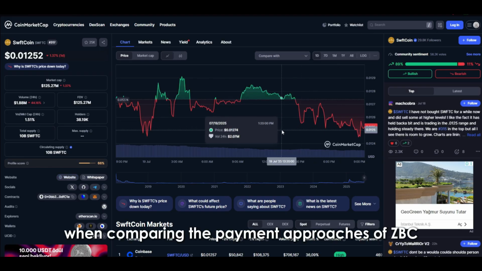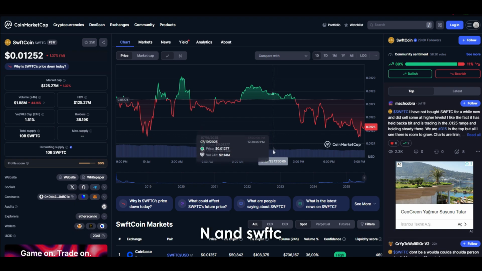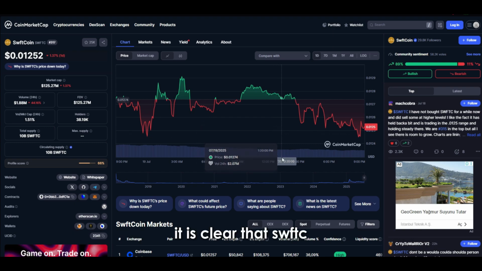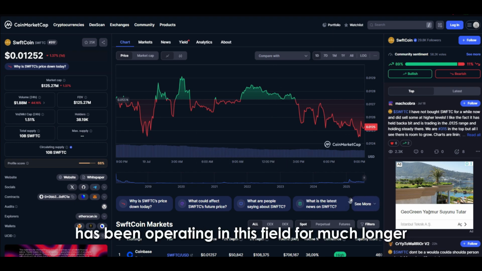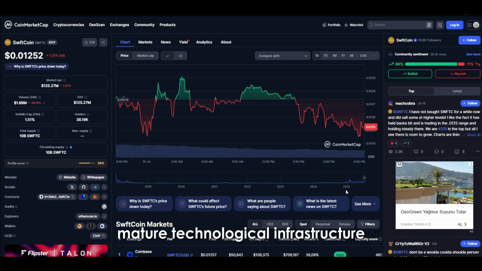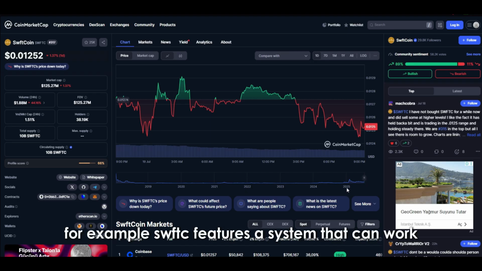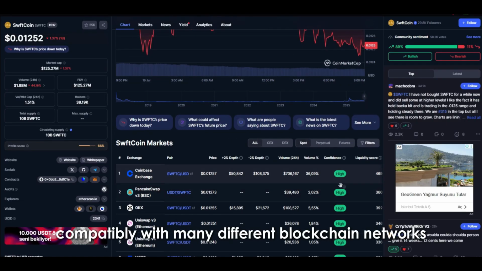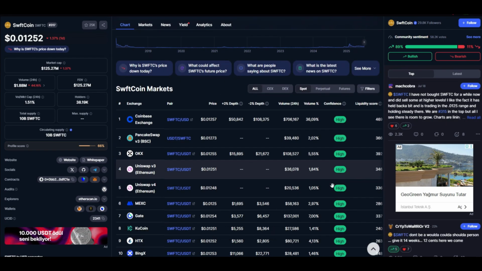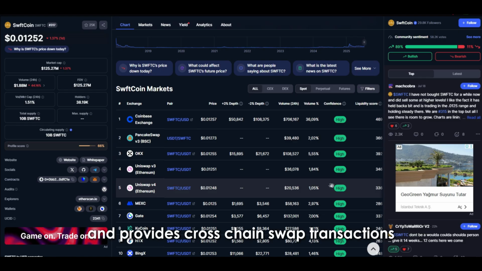When comparing the payment approaches of Zbcn and SwftC, it is clear that SwftC has been operating in this field for much longer and thus has a more mature technological infrastructure. For example, SwftC features a system that can work compatibly with many different blockchain networks and provides cross-chain swap transactions.